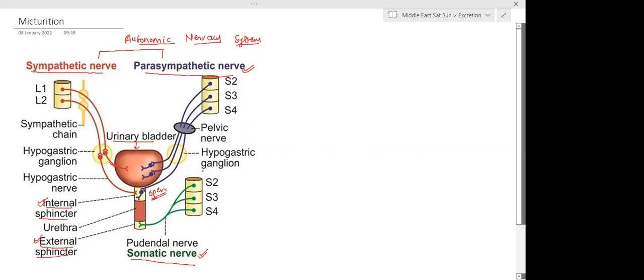Parasympathetic nerve causes relaxation of the internal sphincter, leading to emptying of the urinary bladder. Full stop.